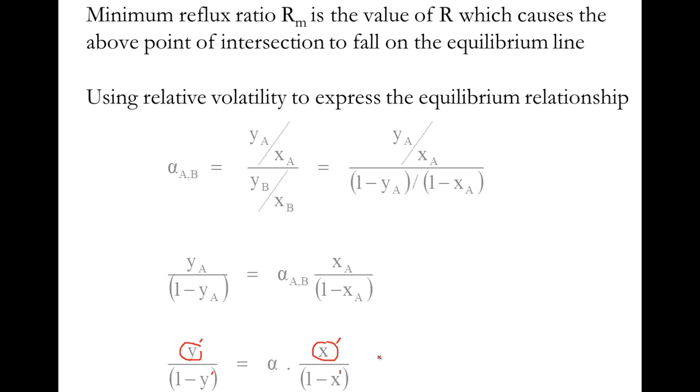Now we know a relation equation for y dash, and we have obtained an equation for x dash, right? So then what we can do is to substitute these values in our new equation.